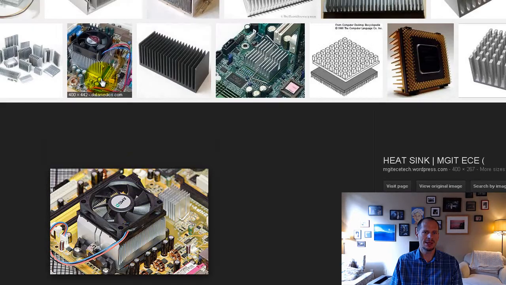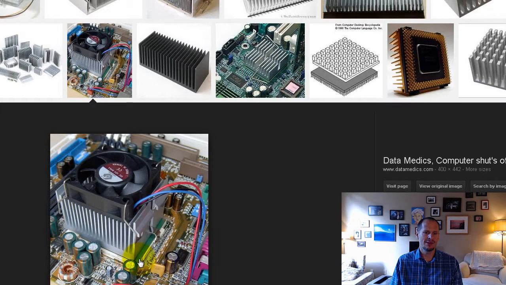And so what is happening here is that you've got your CPU plugged into the motherboard beneath the heat sink and the fan, and the CPU gets hot as it operates. And if that heat isn't removed, the CPU will actually stop working, and it could destroy or damage the CPU.